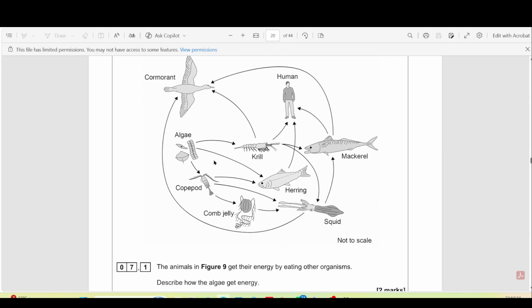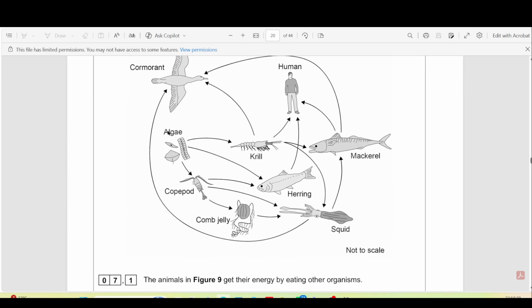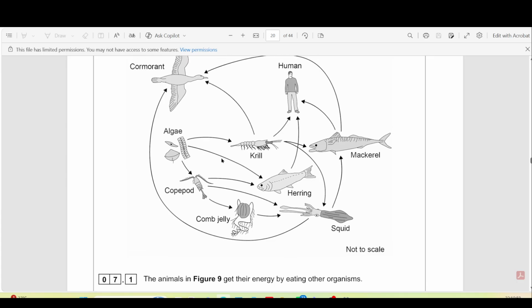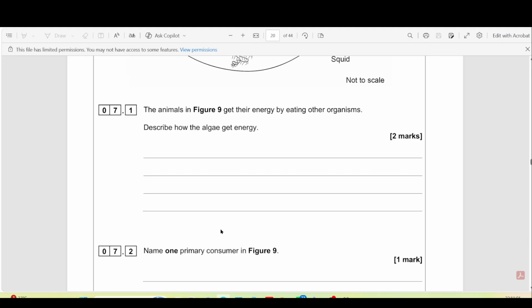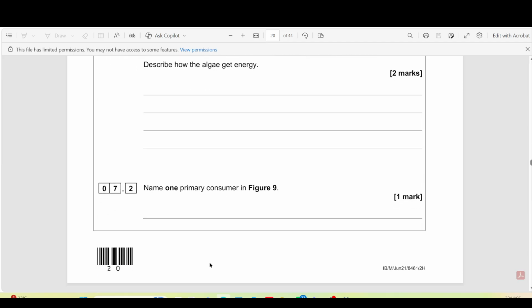They show where they are getting energy from. Copepod is getting energy from algae, but where is algae getting energy from? It's sunlight. Because they are the producers, and plants get energy from sunlight, through the process of photosynthesis. Because it is 2 marks, you should write 2 lines at least.